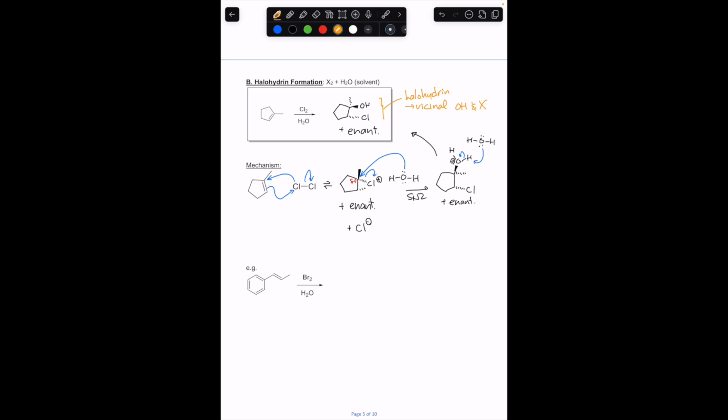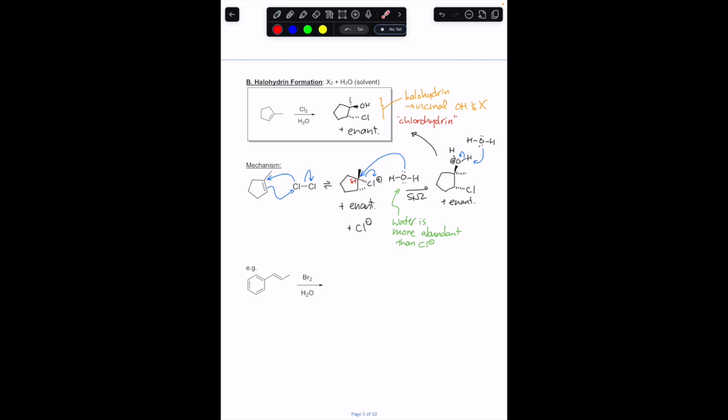Like I said, this is specifically chlorohydrin. It's going to be the products when the solvent is water, okay? All right, maybe I'll make a note here that water is more abundant than chloride. That's the reason for this.